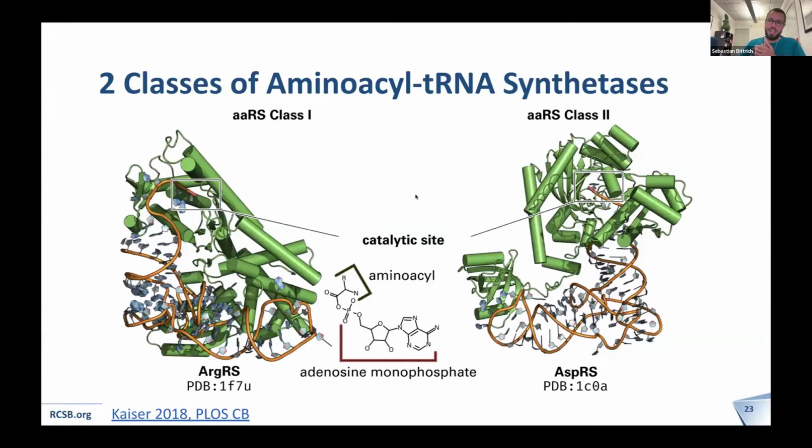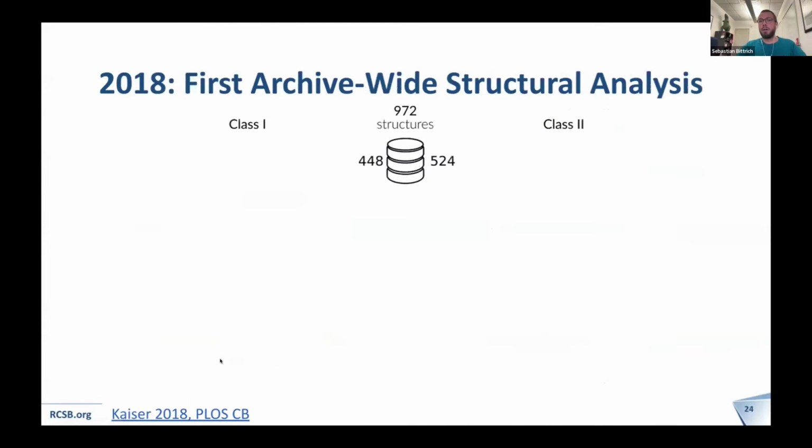And so our hypothesis back in the day was, well, okay, everything is different, but both need ATP as an energetic driver of this reaction. So surely ATP recognition in both classes would have some common feature that we can identify. And we published in 2018. At that point, we were the first group who did an archive-wide analysis.